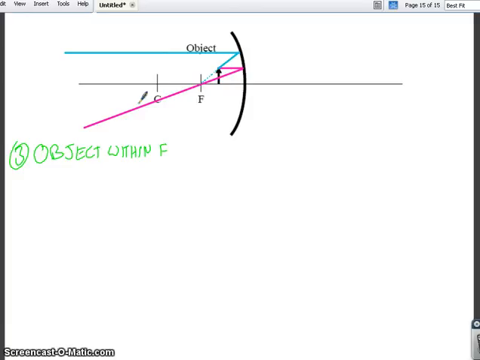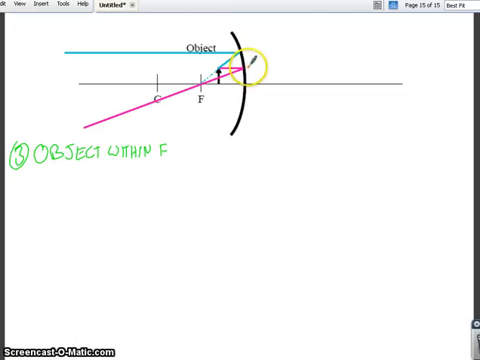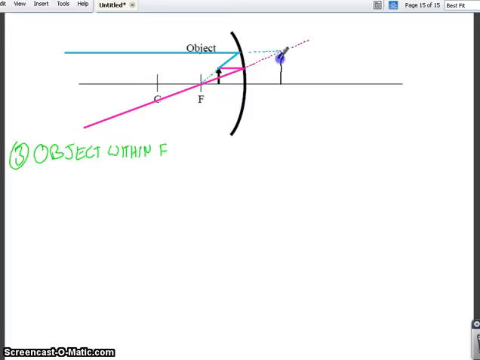But if we draw their reflected rays or their extensions, we're going to get this extension right here. Okay, hopefully it's on the straight line. And then we're going to get this extension right here. And so what we're going to end up with is this image right here.